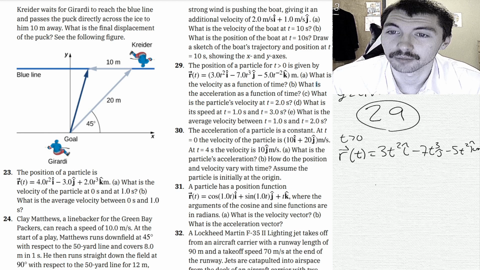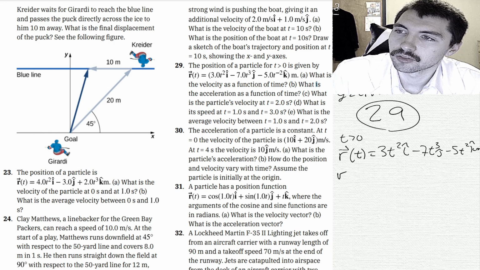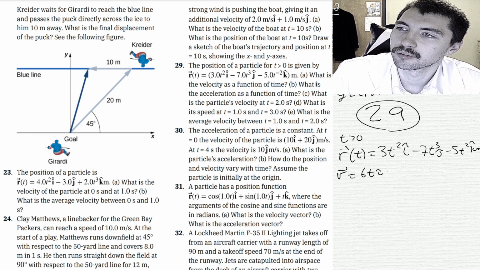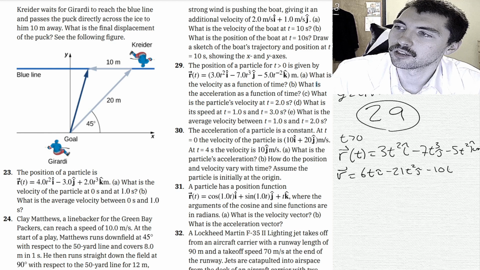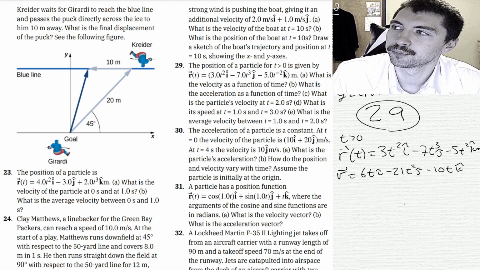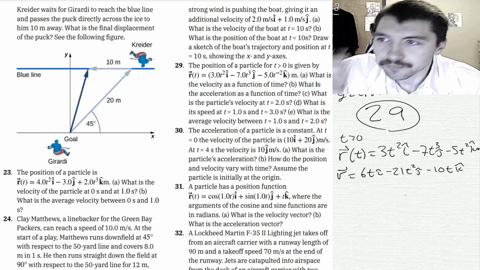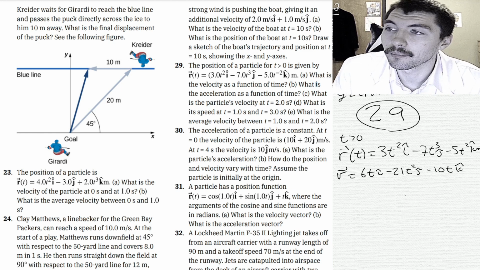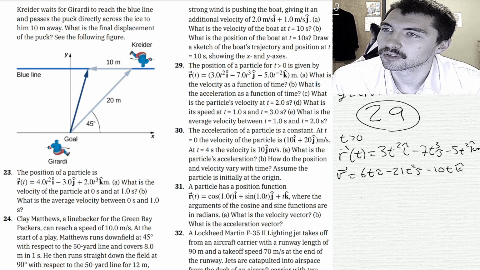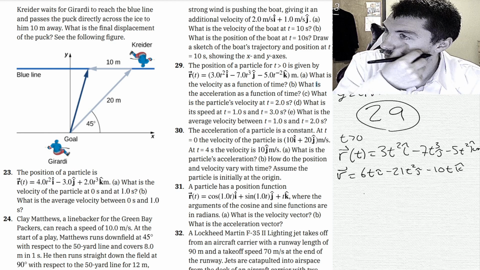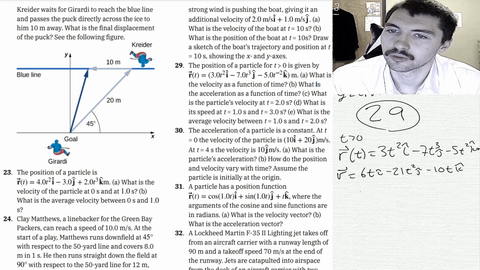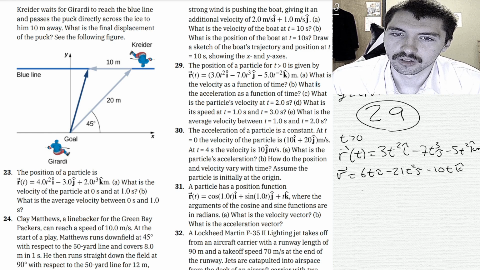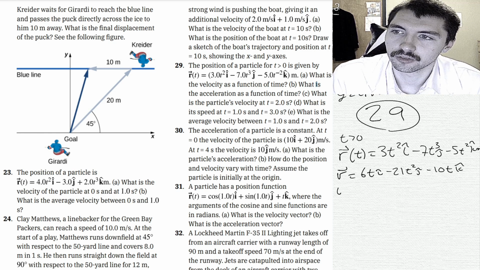Velocity as a function of time. Okay, easy enough. Velocity is 6ti minus 7, 14, 21t squared j minus 10t k. And yep, no constants.